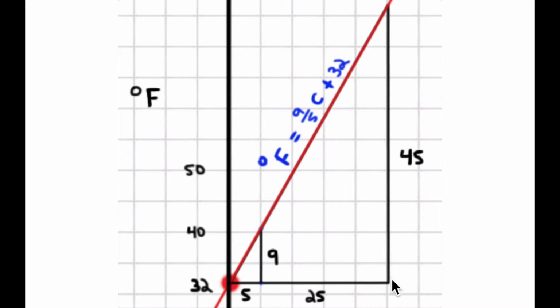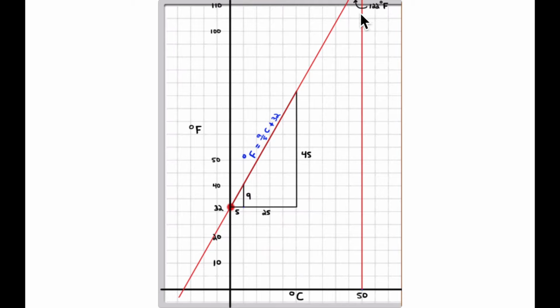So you can count. If I count by 5s, 5, 10, 15, 20, 25, 30, 35, 40, 45, and then I go a little bit past that. It's like going a little bit past this down here, and you get to this line, the graph. Now it goes off the page up here.